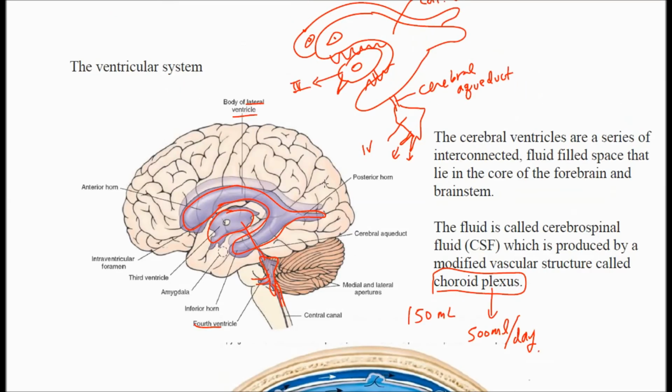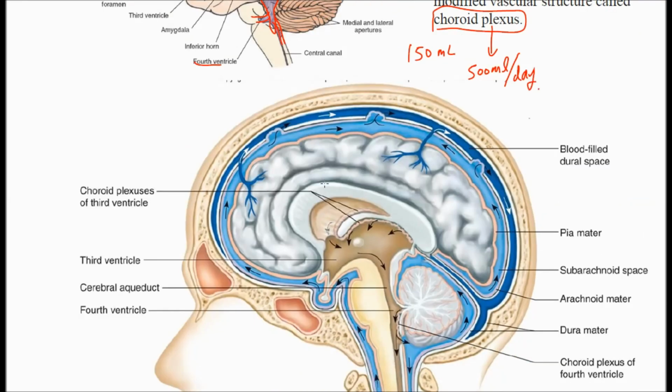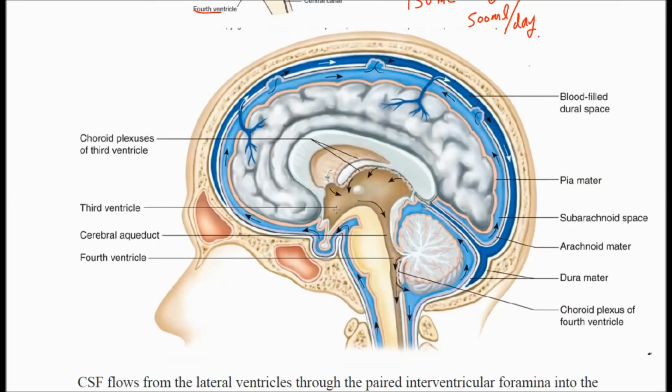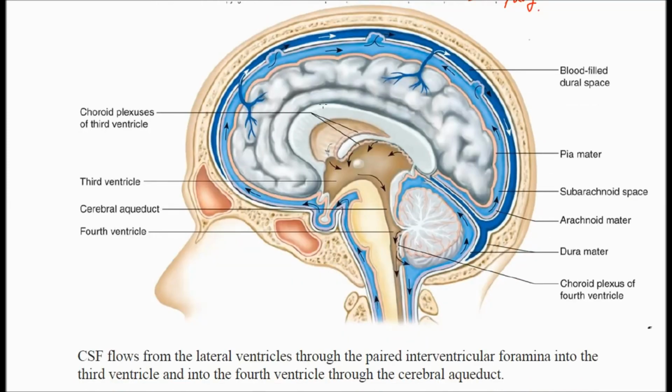So let's look at the circulation. The general circulation direction is shown in this diagram. Each ventricle has the choroid plexus that produces the cerebrospinal fluid. But let's start from the lateral ventricles, which are connected to the third ventricle via this hole called the interventricular foramina.